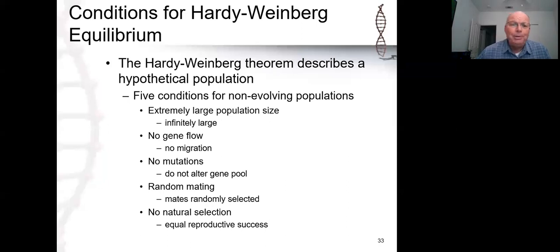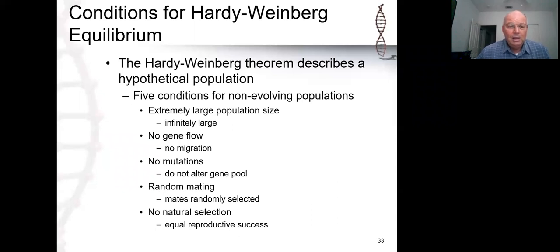And that can only happen if mating is truly random. If all individuals have equal opportunities to mate, and therefore equal opportunities to pass their alleles on to the subsequent generation.